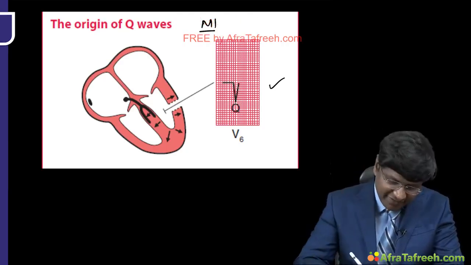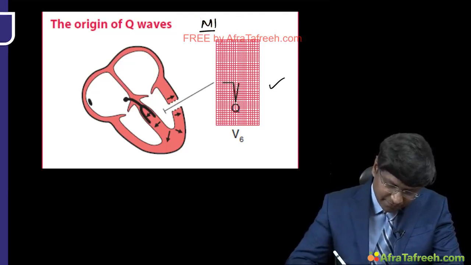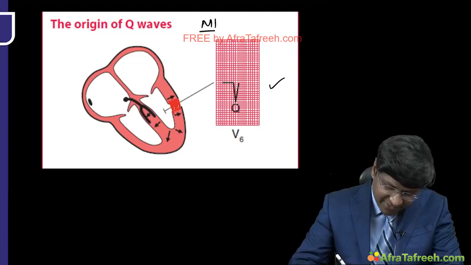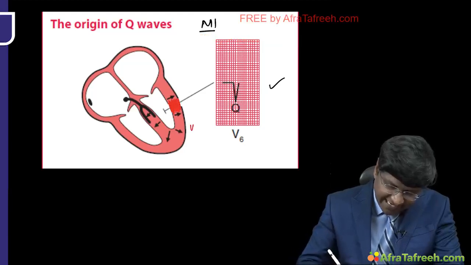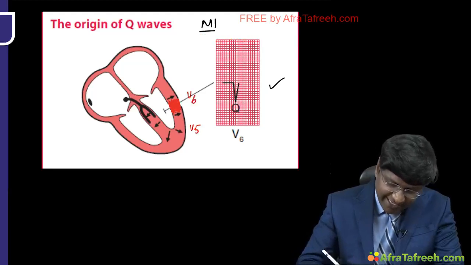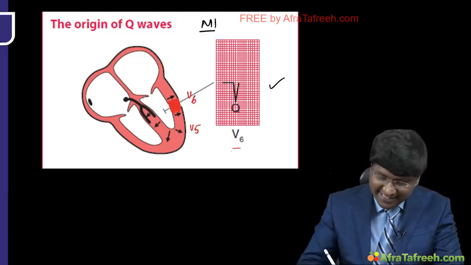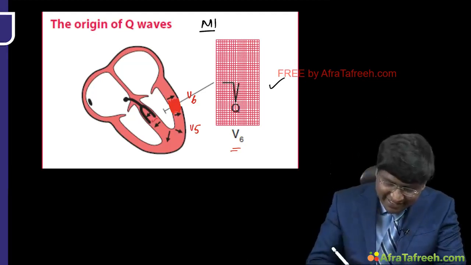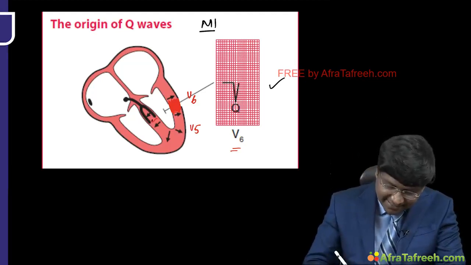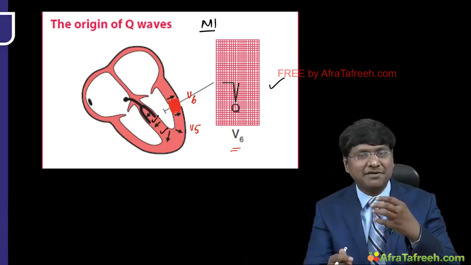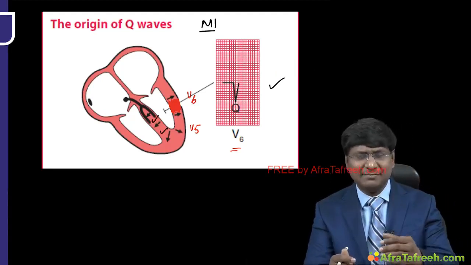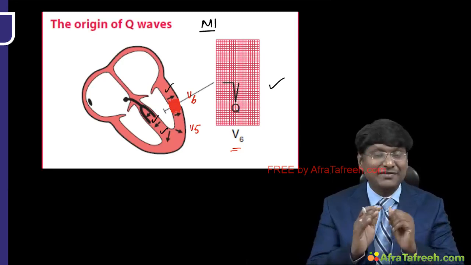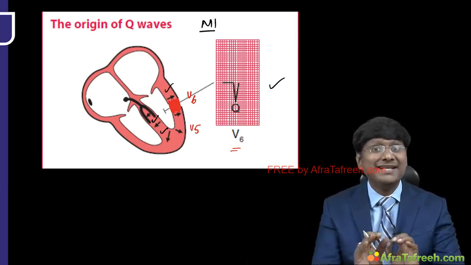Because of the presence of this myocardium, which acts as a closed window for this electrode. The electrical activity which is being picked up from the septum will be less because the myocardium will be acting as a closed window.